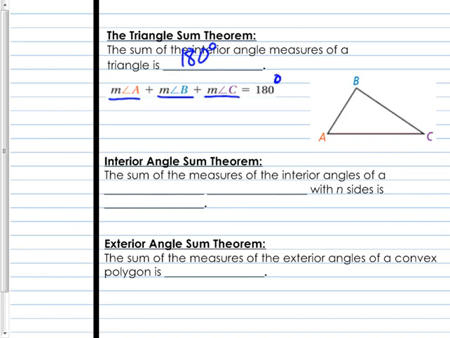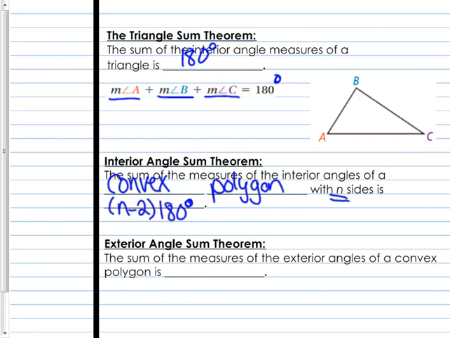The interior angle sum theorem says the sum of the measures of the interior angles of a convex polygon with n sides, that means with whatever number of sides, is n minus 2 times 180. Because honestly, guys, we're not always dealing with triangles. We're going to deal with quadrilaterals and pentagons, and so we need to be able to find out how many degrees each angle is, no matter how many sides. So you take the number of sides and subtract 2, then multiply it by 180.